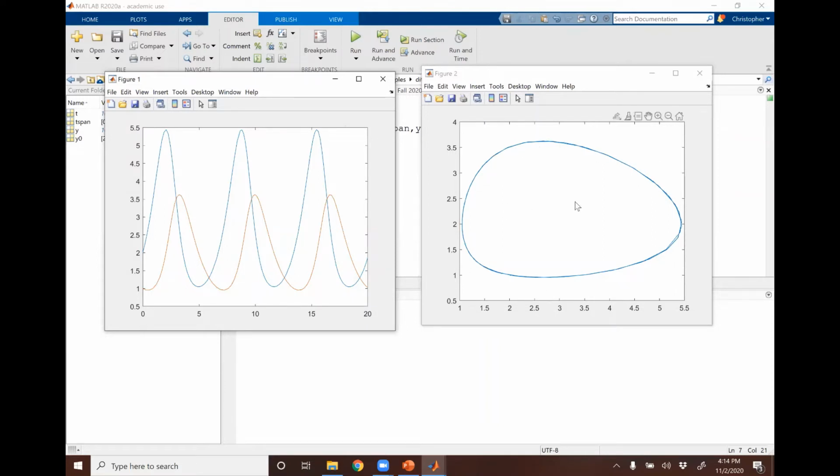Remember, before with Euler's method, we had to do a lot of iterations, right? We had to make that step size very small, and we had to pick it. In this case, we don't see any deviations off of this circle, and we didn't have to pick any step size. MATLAB's going to do it for us.